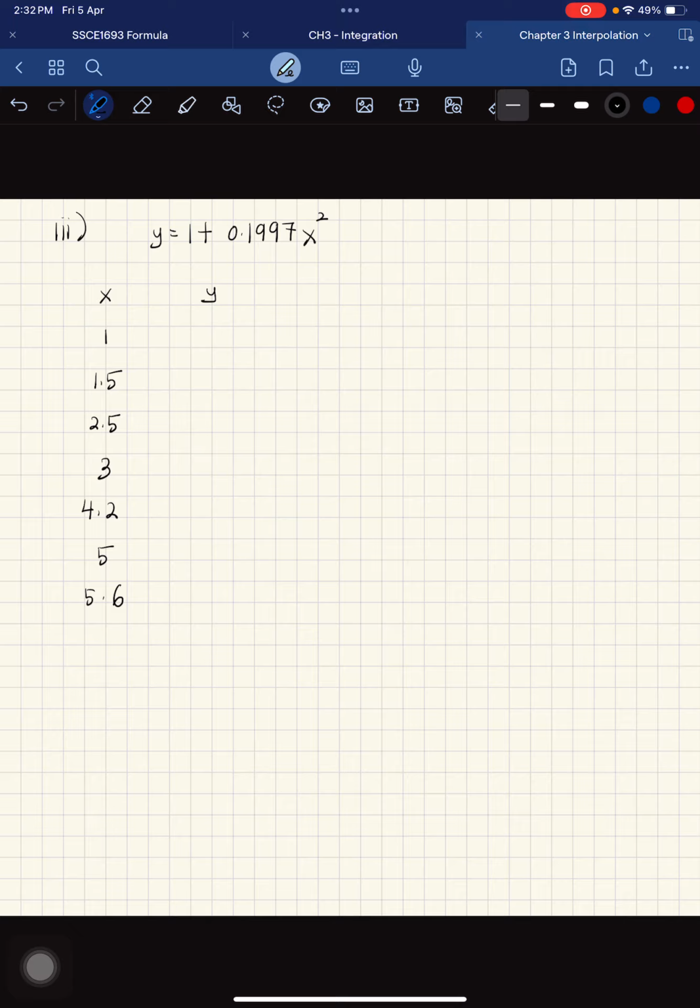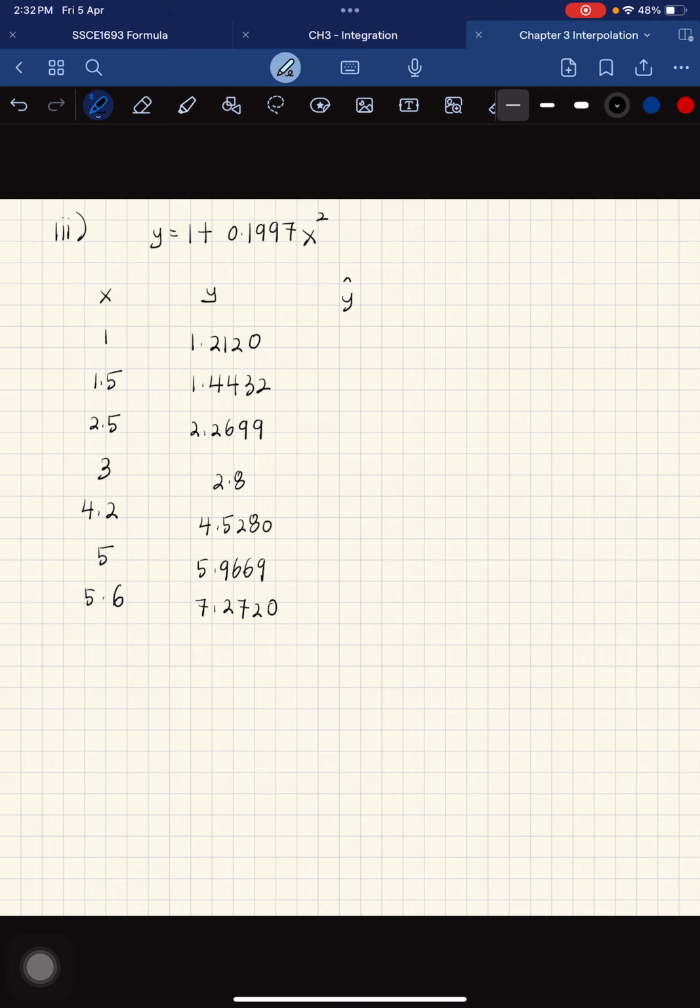And then for y, just now we have 1.2120, 1.4432, 2.2699, 2.8, 4.528, 5.9669 and then 7.2720.